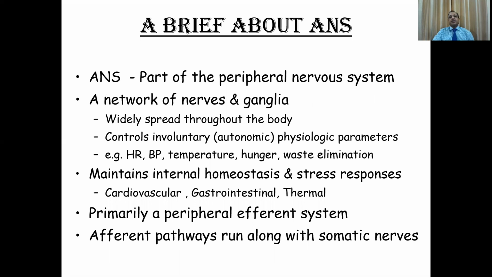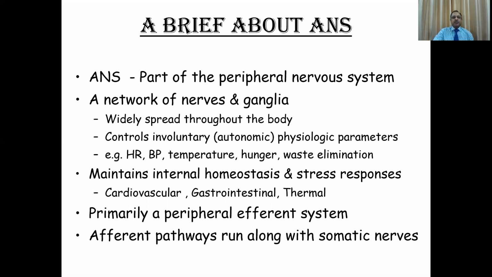Let's come to talk about autonomic nervous system, the main topic of the day. As I said, it is part of the peripheral nervous system, and it consists of a network of nerves and ganglia which are widely spread throughout the body.